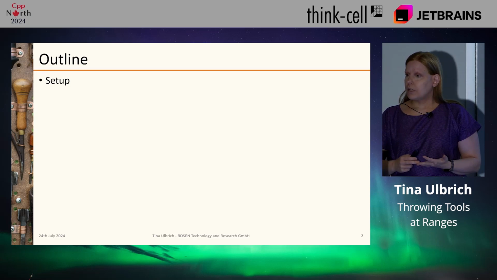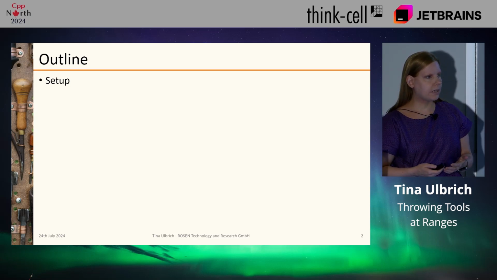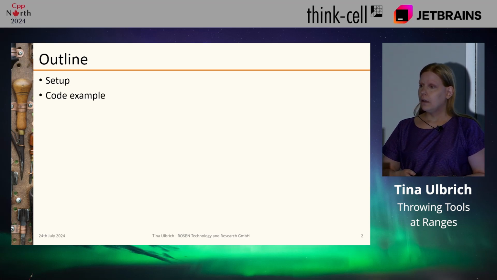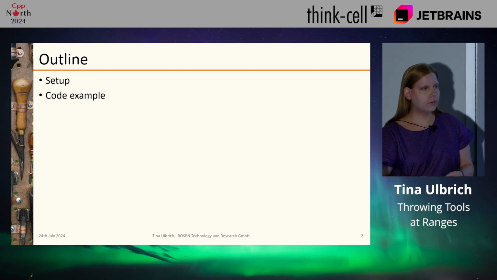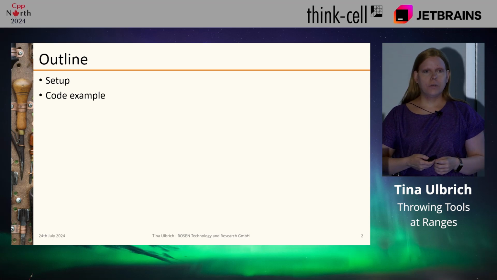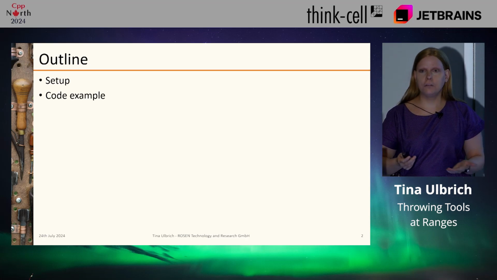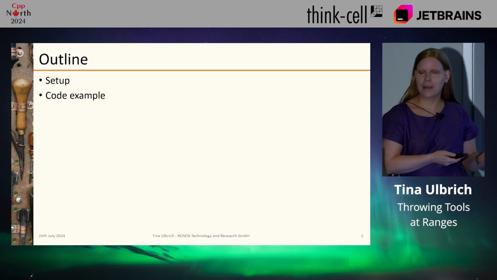First I'm going to start talking about my setup and how I generated the results. Next I'm going to explain the code that we're actually going to analyze. If you want to compare your ranges code to something, you need something else to compare it to.